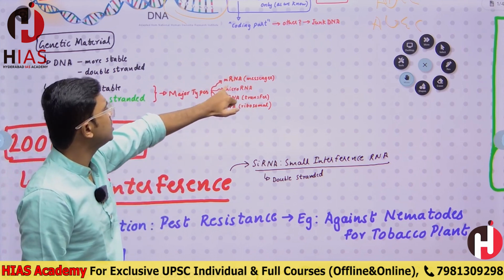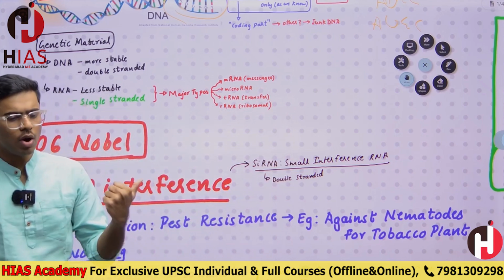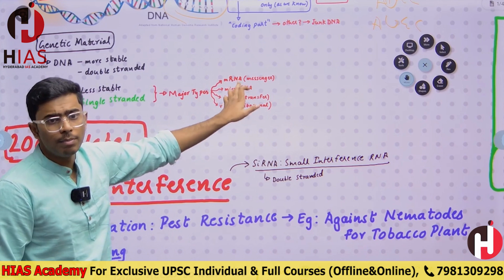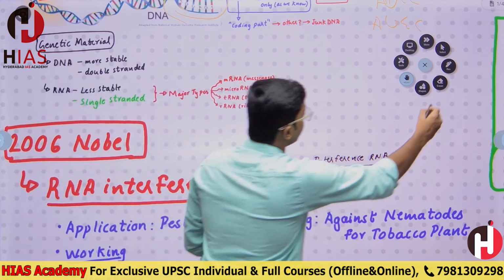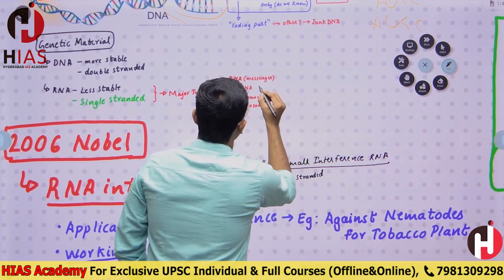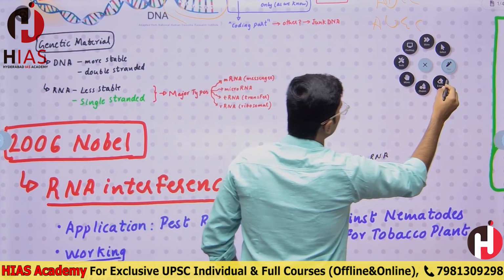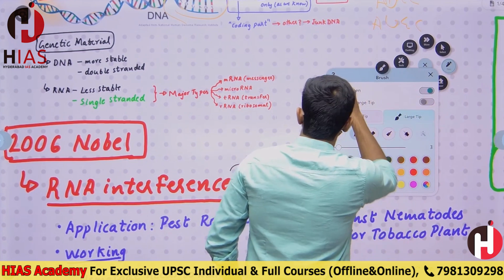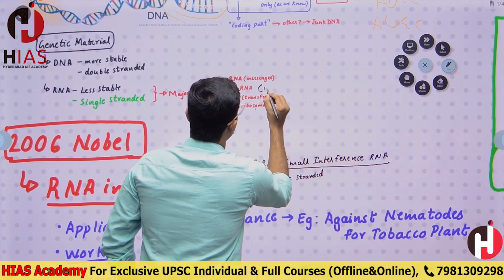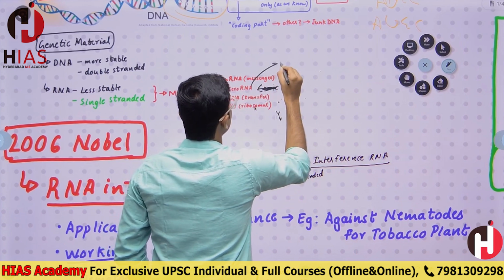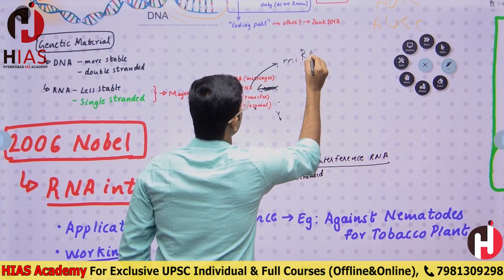Firstly, messenger RNA. I'll tell you what exactly it is. Just know the name, messenger RNA. And then there is microRNA. This microRNA, I will also write as miRNA, okay.